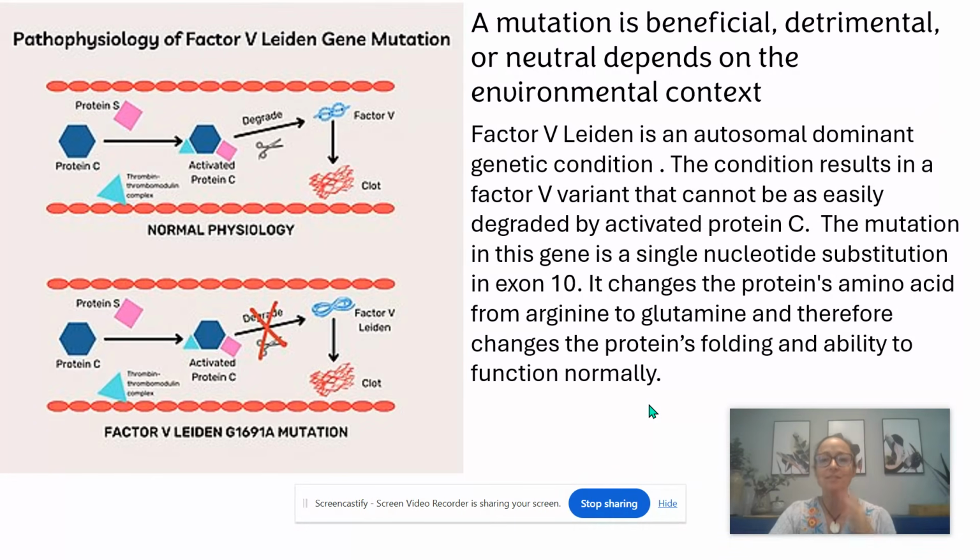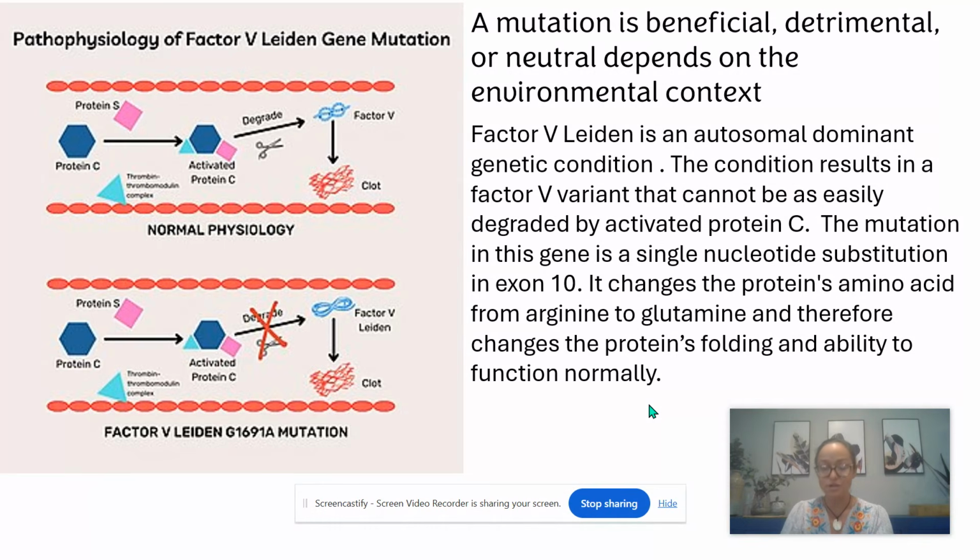Now, if we look at this factor V Leiden, it's an actual autosomal dominant mutation. So if a person inherits just one copy of it, they're going to be impacted. It will be in their phenotype. And this mutation is actually due to a single nucleotide switch, a substitution. So when I say the word substitution, you can think about soccer, if a midfielder is subbed out for another midfielder, it's going to be in the same position.